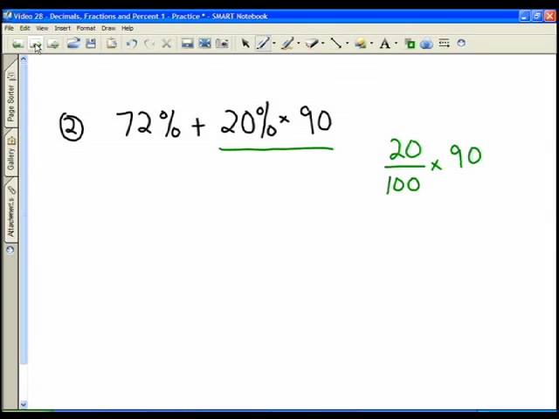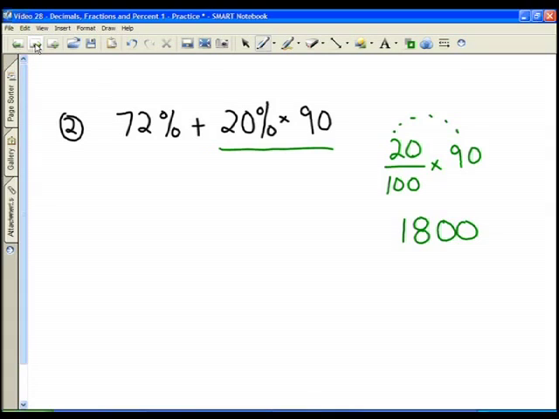And so we can do some good reducing here. We have 20 times 90. Well, here's a nice math trick for you. If you have to multiply 20 times 90, if you can multiply 2 times 9, 2 times 9 is 18, and then you've got 2 zeros. So 20 times 90 will be the same as 2 times 9, which is 18, and then you put 2 zeros on the end.